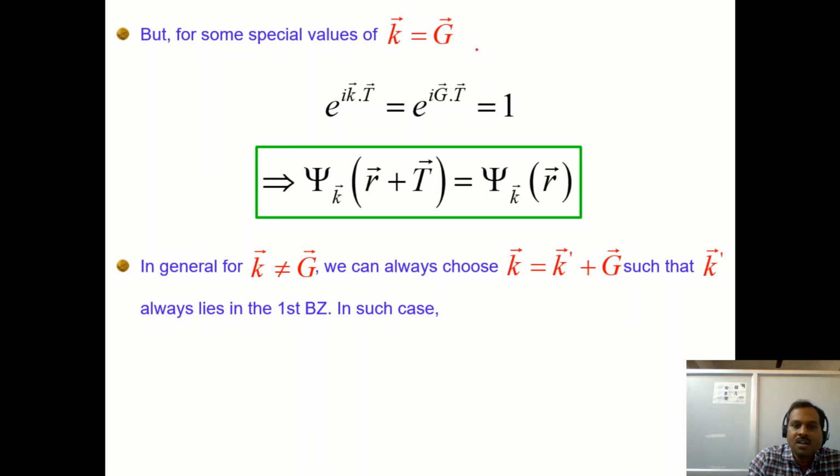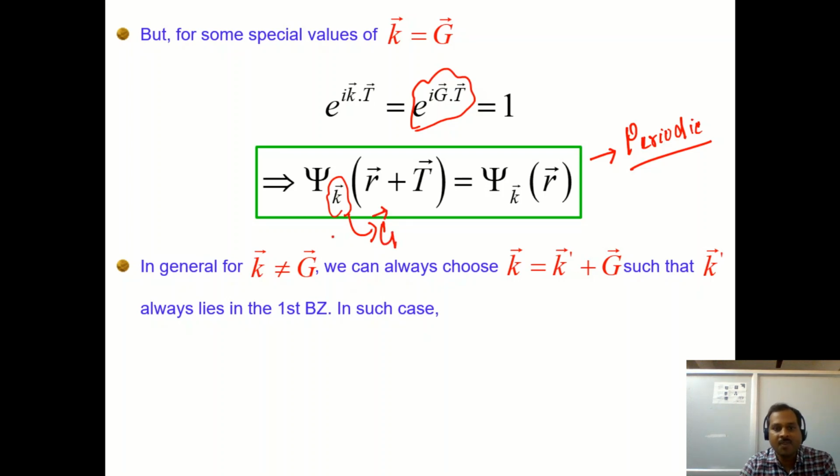because we know that e^(iG·T) is equal to 1, so psi_k(r+T) is equal to psi_k(r). So the Bloch wave function is periodic if and only if the wave vector k is equal to G. If it is a special wave vector which is a reciprocal space lattice vector, then the Bloch wave function is periodic in nature.